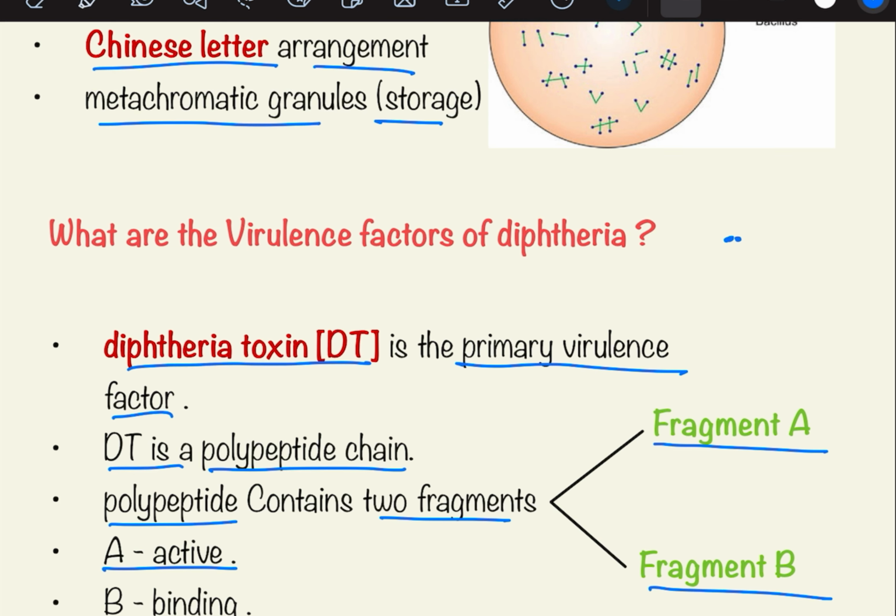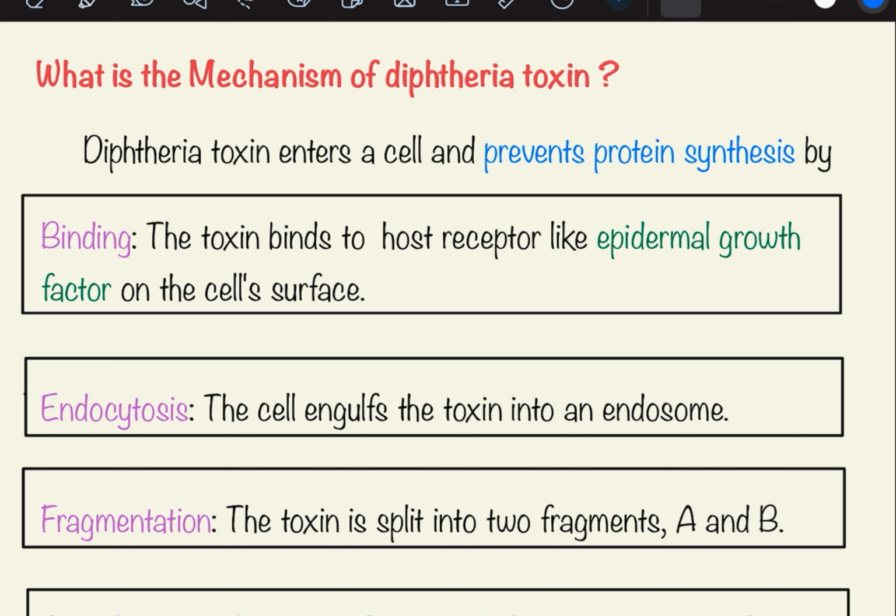What is the mechanism of diphtheria toxin? How does it cause the disease? Mainly, diphtheria toxin enters the cell and prevents protein synthesis.